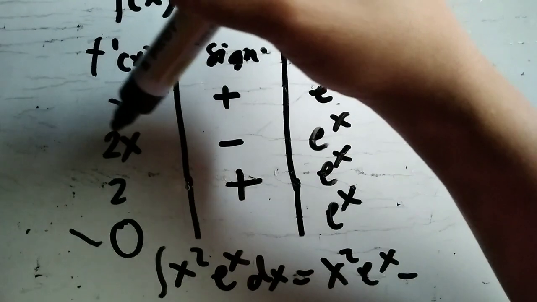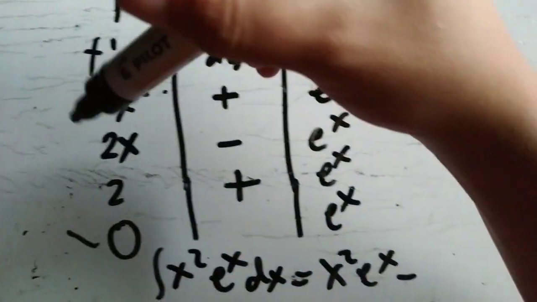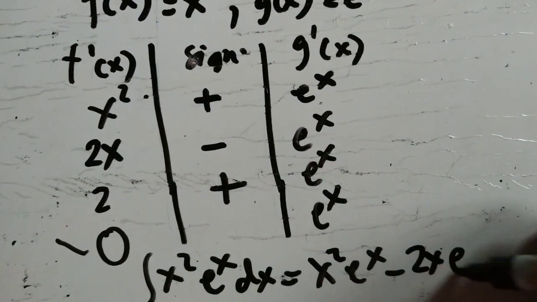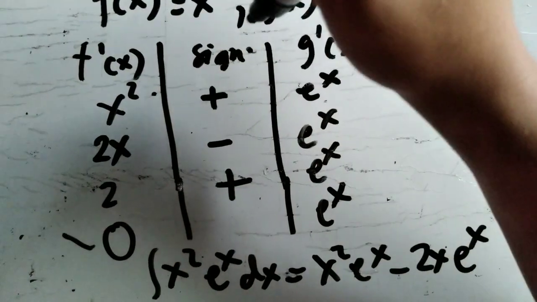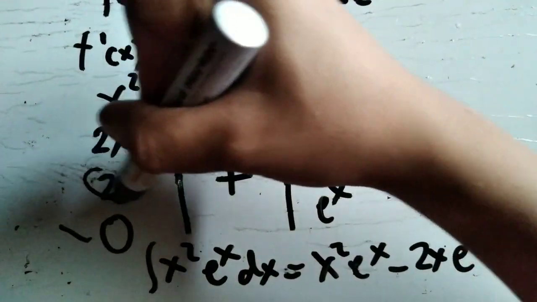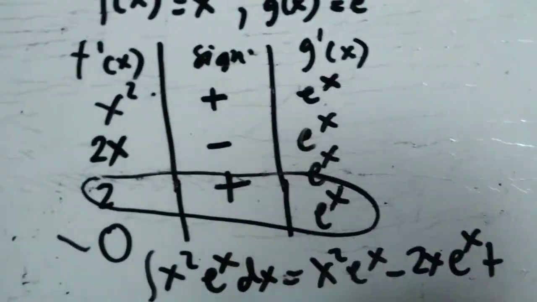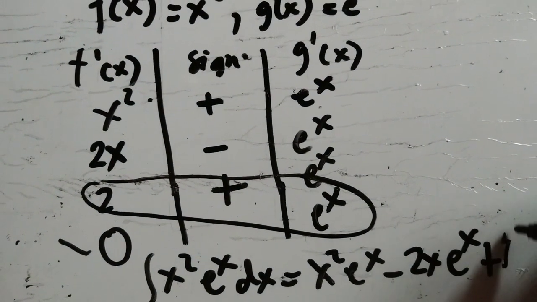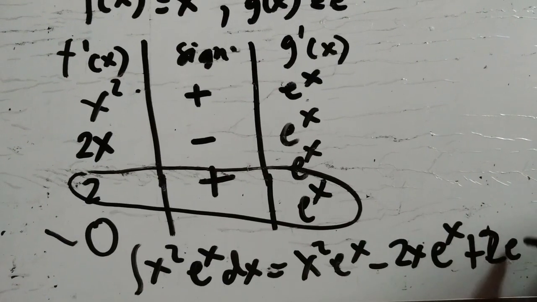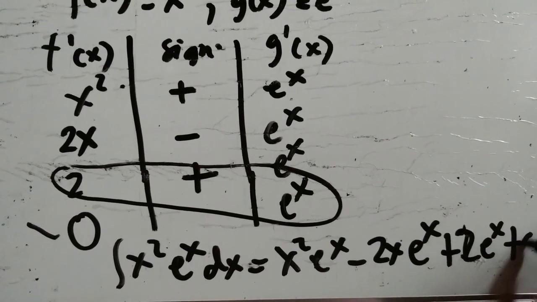So we write it diagonally, so minus 2x times e raised to x, and plus, copy the sign, plus another here, and so we have 2 times e raised to x plus c.